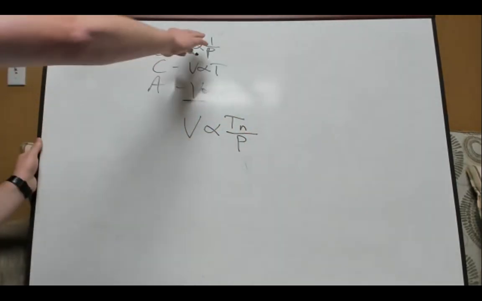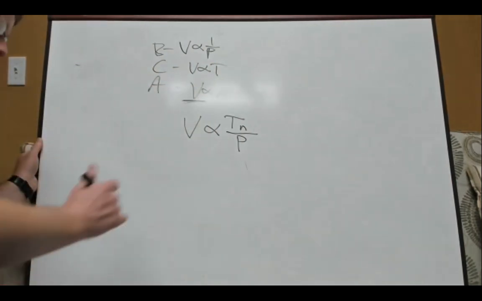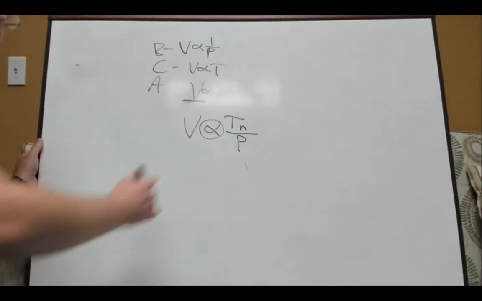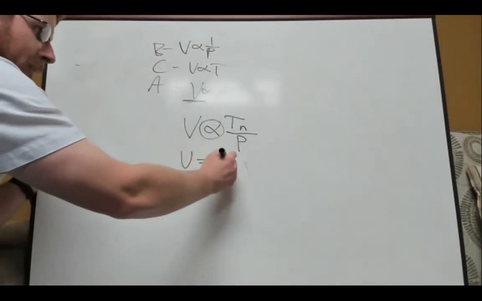So all we're doing is just combining all of these. Now, what do we say about this thing? We can turn it into an equation by multiplying it by some constant.